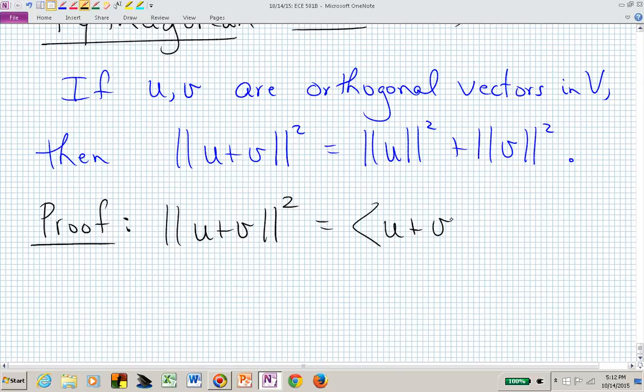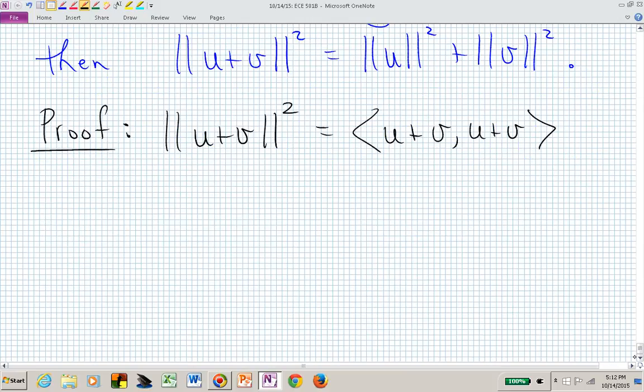So now we have u plus v in the first slot and u plus v in the second slot, and that's actually the norm squared. But that, if we use additivity of the first slot, which we know is true, we can now say, oh, u inner product with u plus v plus v inner product with u plus v. So this is first slot additivity.